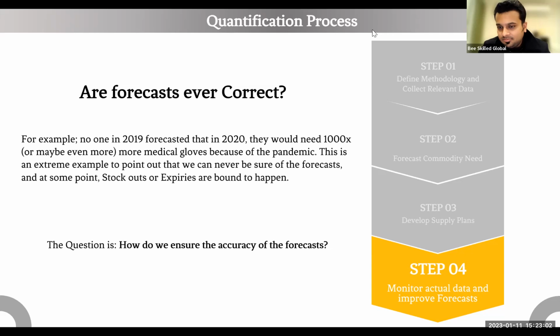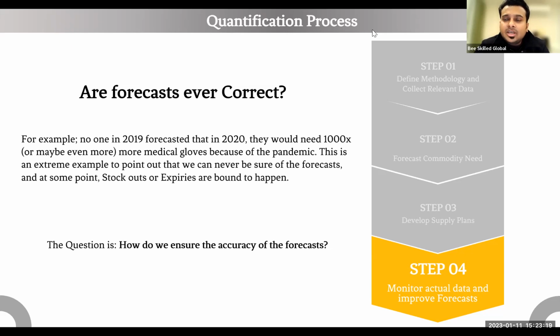No one knew. So this is a one-off scenario as well. But then every year, and I also saw this in your discussions, you are facing stockouts. Every year you're facing wastage, expiries.